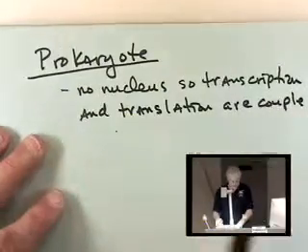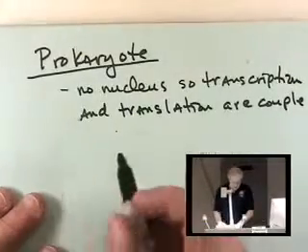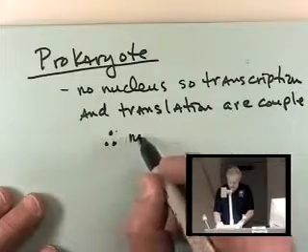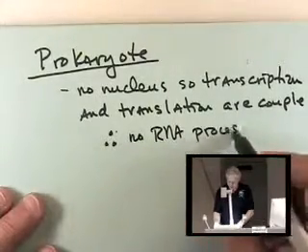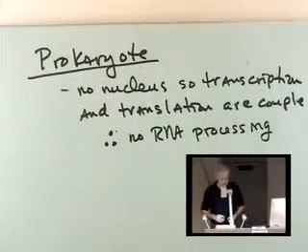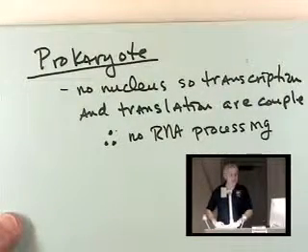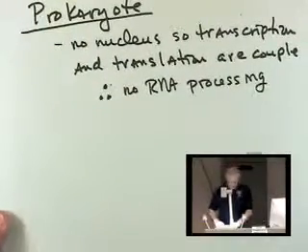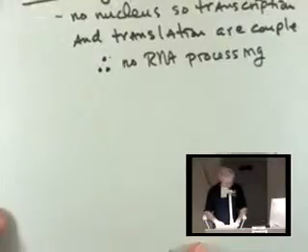Let's draw a little illustration of this first, and then we'll make a couple of other points. But first, we say, therefore, there is no RNA processing as we will see in eukaryotes. So as soon as the RNA is made from the DNA, it's immediately available for expression, for translation.